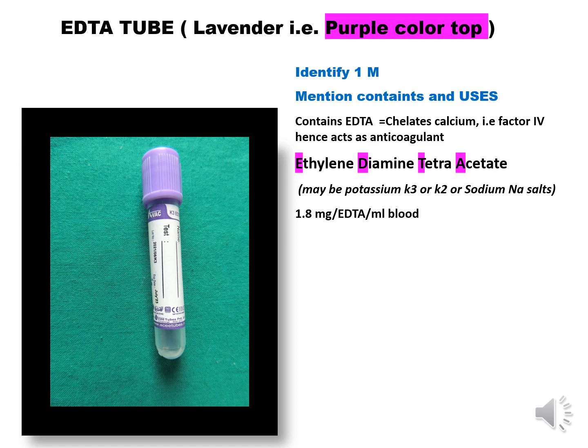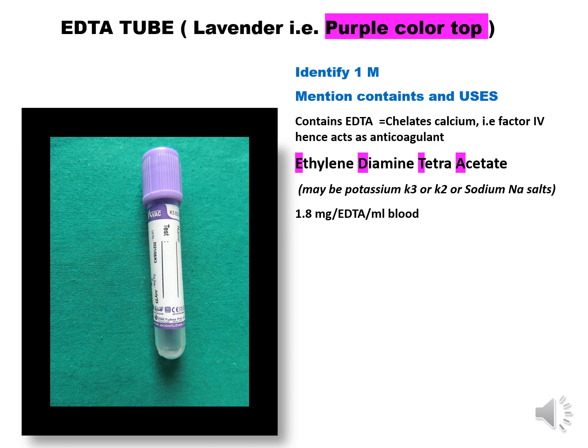EDTA means ethylene diamine tetraacetate, which is an anticoagulant. As you know, in coagulation factors, factor 4 is calcium. EDTA chelates the calcium so that the blood doesn't clot, and EDTA acts as an anticoagulant.